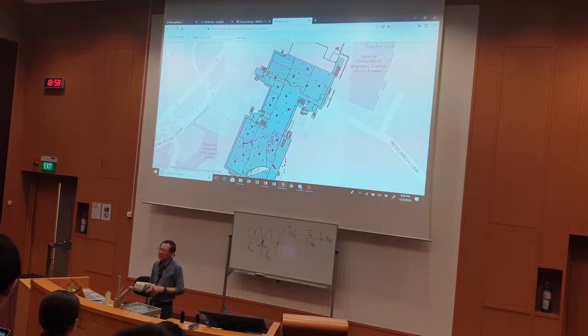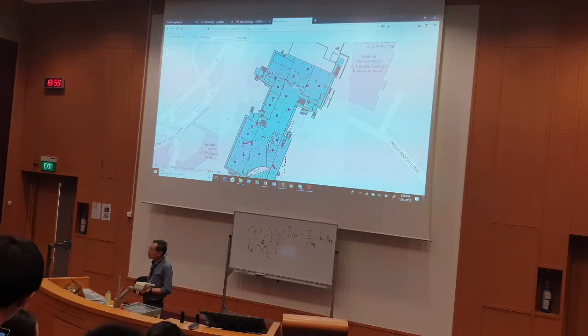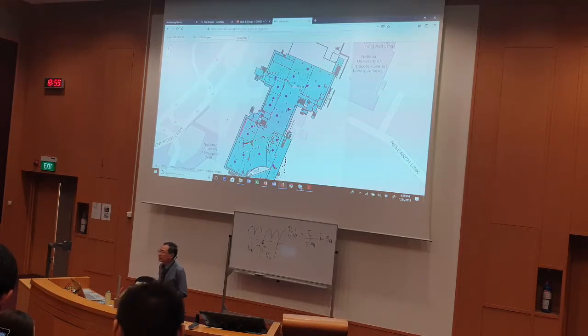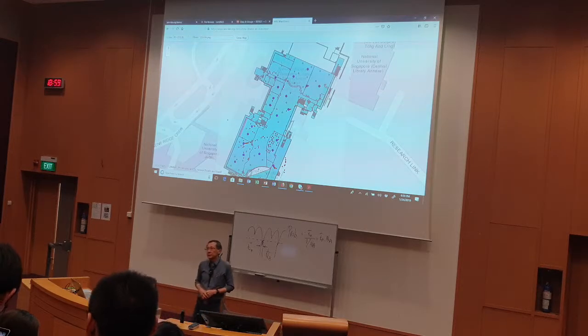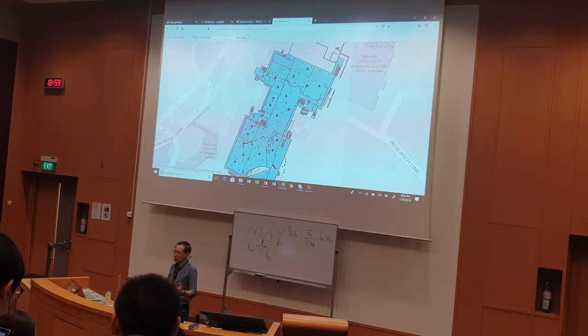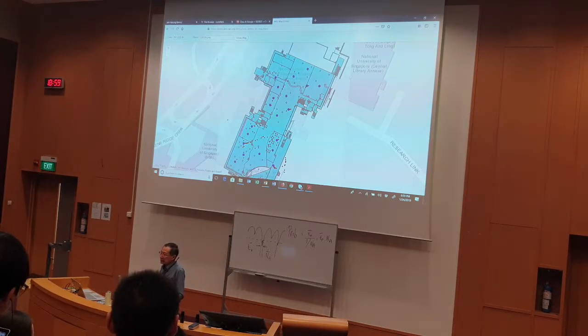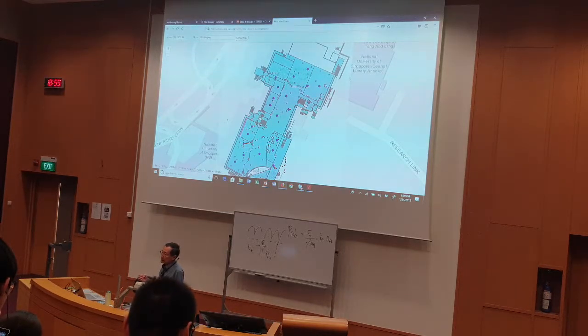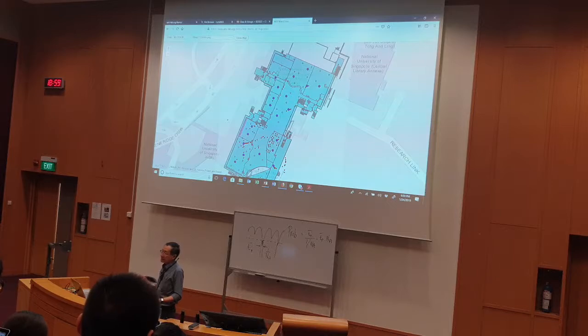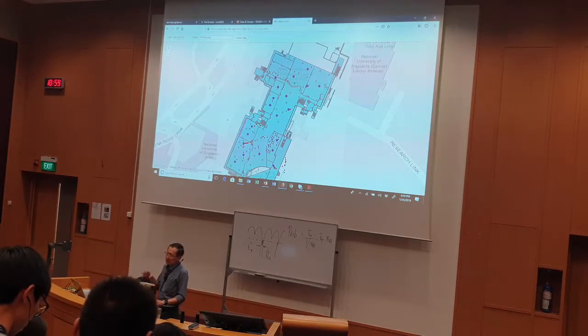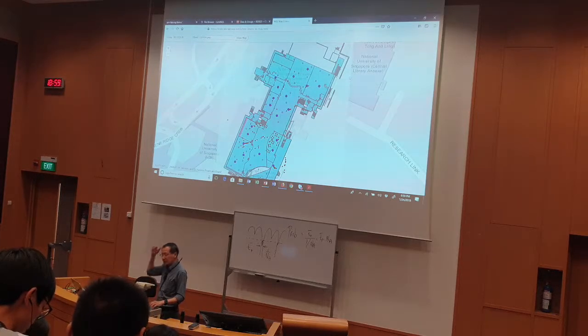So we have about 23 nodes. Huh? Is it 23? Sensor nodes, 23, right? Something like that, yeah. 23 sensor nodes. So we created our own Wi-Fi sensing access point using Raspberry Pi 3. Okay, so it can sense all the Wi-Fi devices.